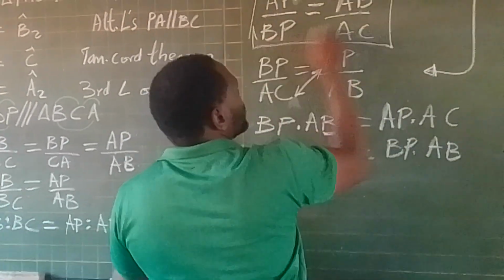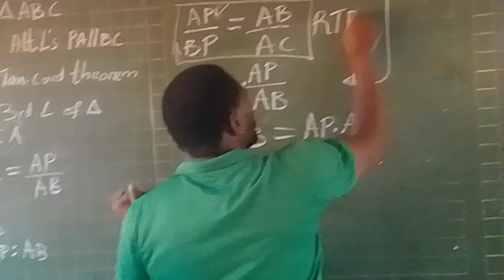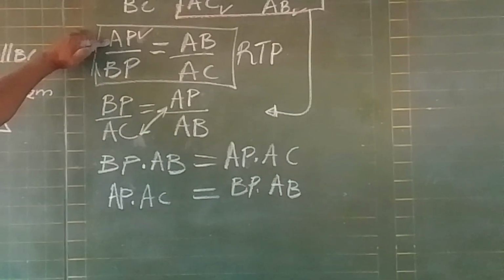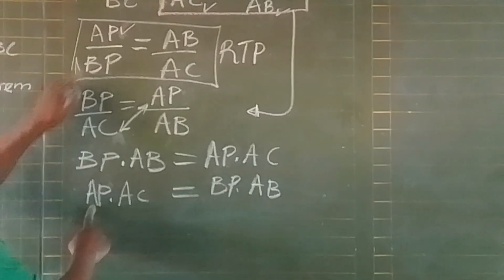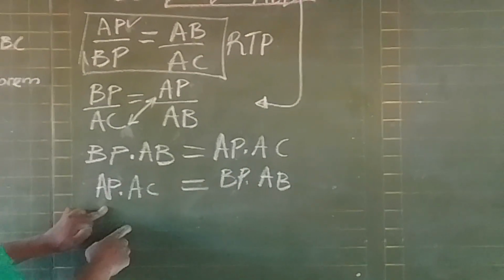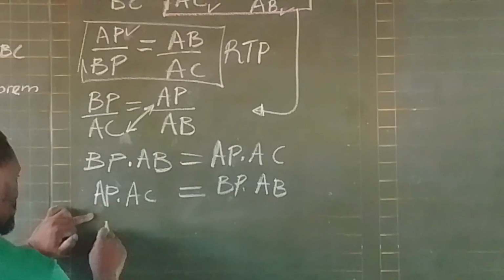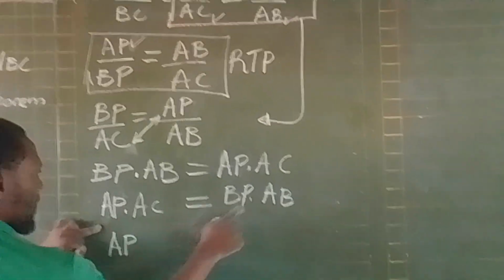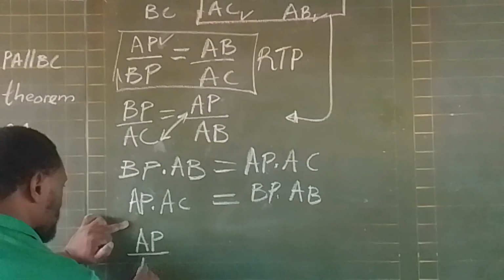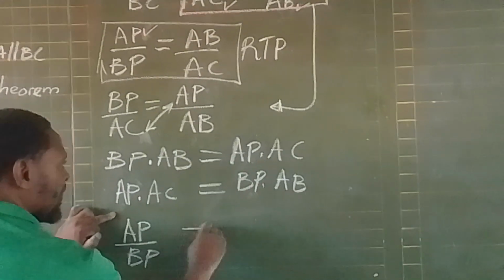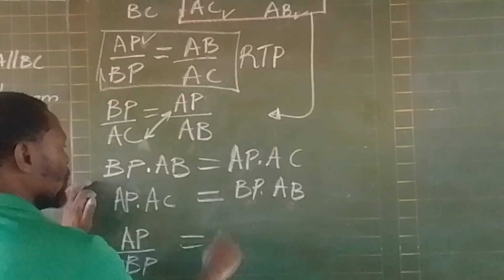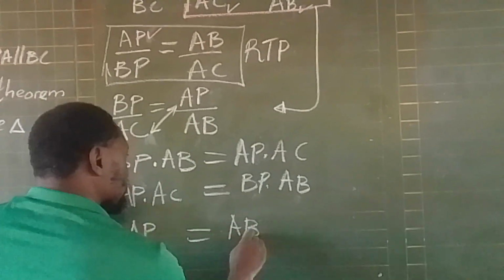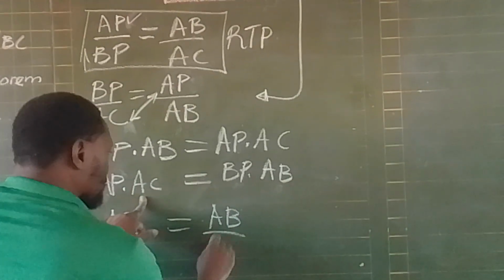We are required to prove this, RTP. So I have AP, I want AB, I take BP. I divide there, I say AP divided by BP I am left with AB. I take AC and divide it through. I have AB divided by AC.